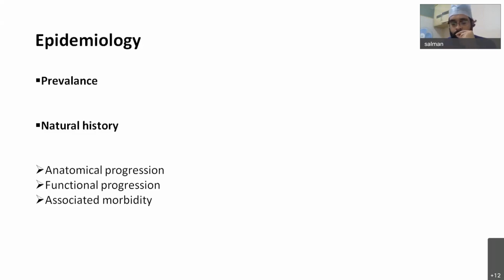So 4% of the 7% had progressive renal dysfunction. And associated morbidity along with the disease is increased risk of cardiovascular events, stroke, and progression to dialysis, which in some studies is approximately 10 to 18% of the patients with renal arterial stenosis.